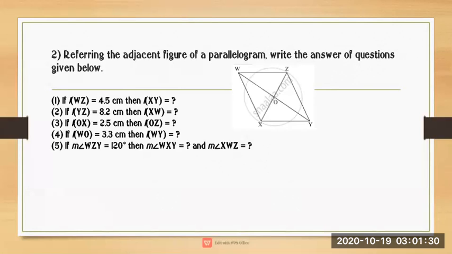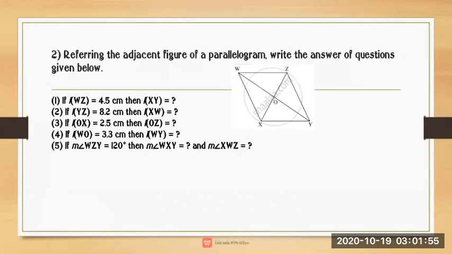Now you have written the full answer, because opposite sides are also congruent, the property of a parallelogram. Okay. Now my next question is, if line OX, see the diagram also, is equal to 2.5 centimeter, then OZ equals dash.